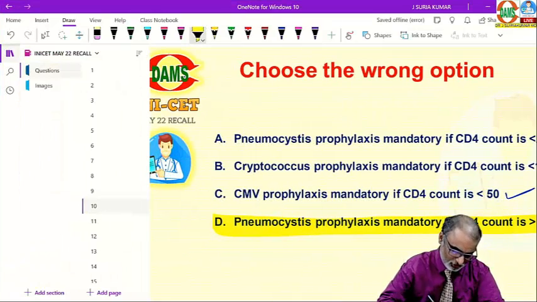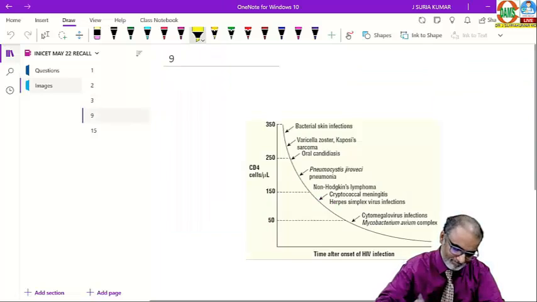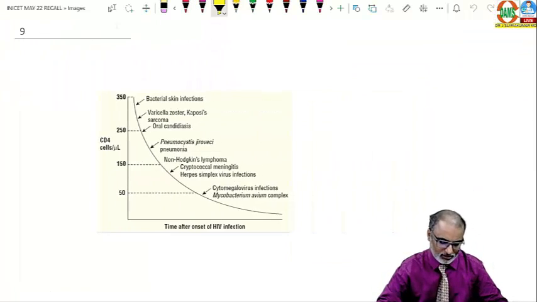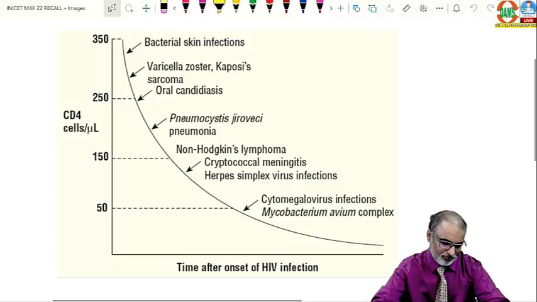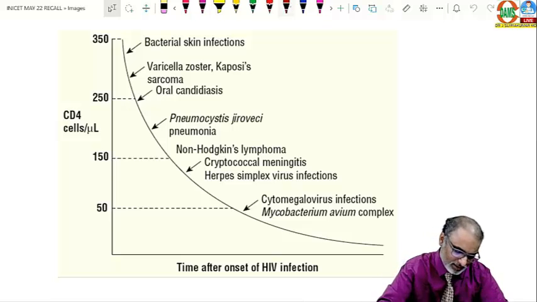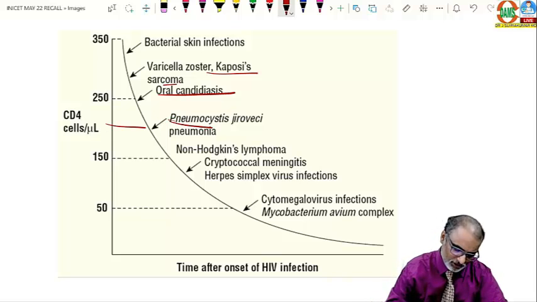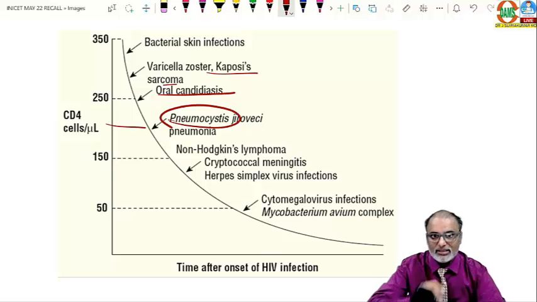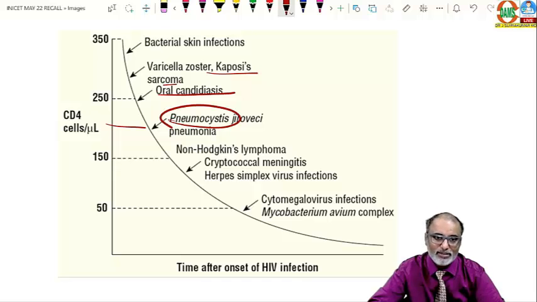See here, this chart will help you. Around 250, they can get oral candidiasis, varicella, Kaposi sarcoma. When it comes to 200, pneumocystis. So when the CD4 is less than 200, you need to give pneumocystis pneumonia prophylaxis, especially cotrimoxazole.